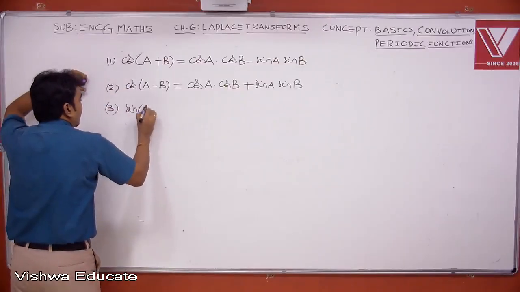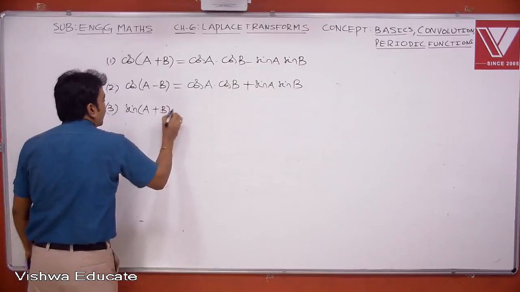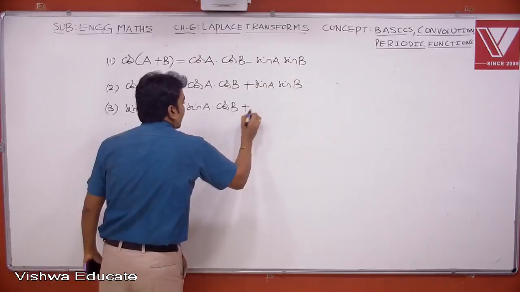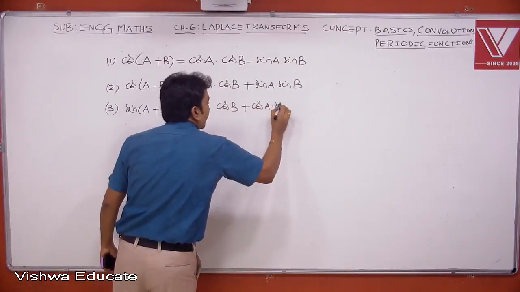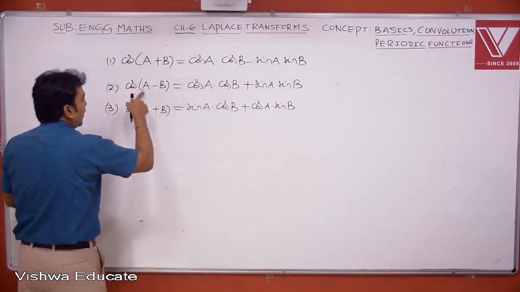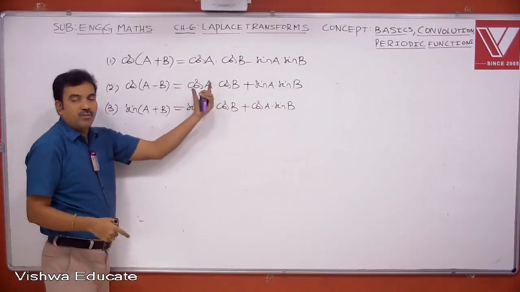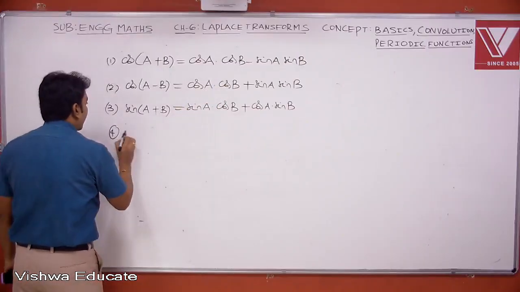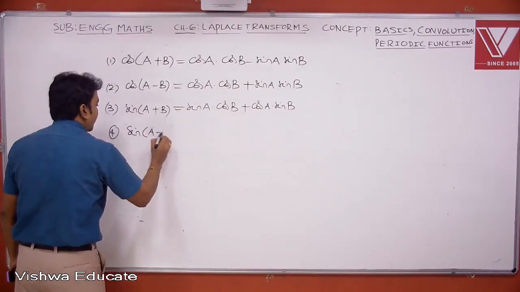Let us write the same thing for the sin function. Sin of a plus b equal to sin a into cos b plus cos a into sin b. One sin function followed by cos, but in case of cos, cos terms will come first followed by sin terms. Now the next one is sin of a minus b.